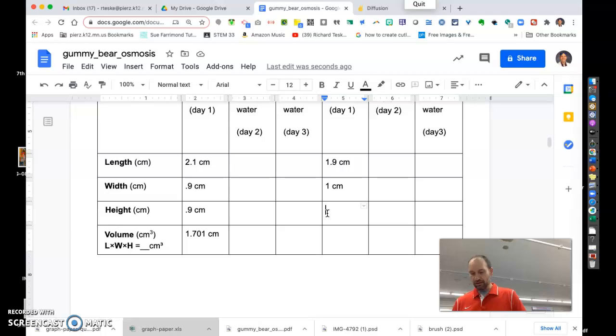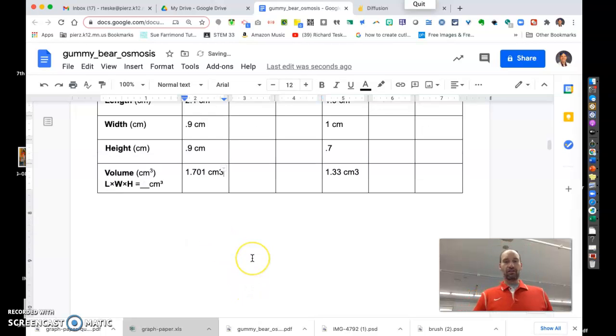Okay, let's see what this one is. 1.9, 1.33. So a little bit of difference between them, okay? And these would actually be cubed, and I can't make that here. I'm not going to worry about it right now. So these would be a 3, it would be up, so centimeters cubed.